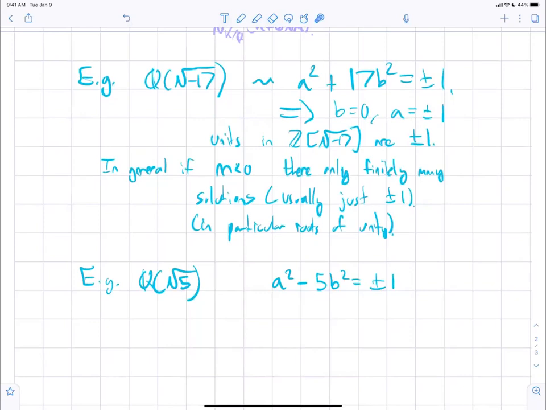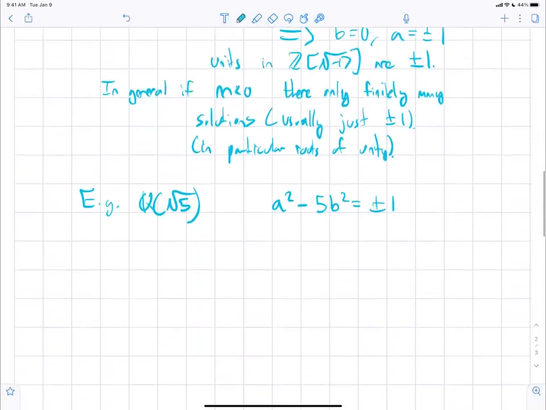Okay, first we can just guess and check. We can start throwing in some numbers. Let's try a is equal to 1, b is equal to 1. So we'll get a squared minus, so we'll get minus 4.